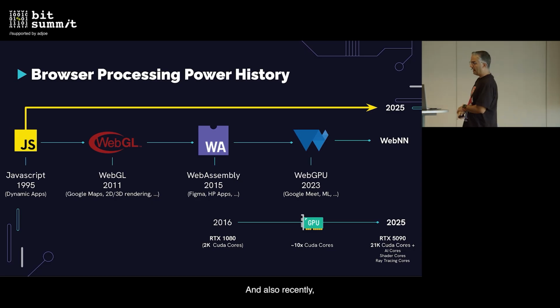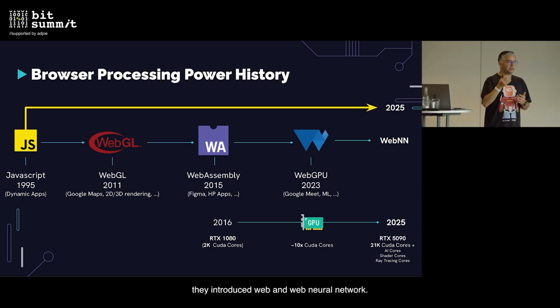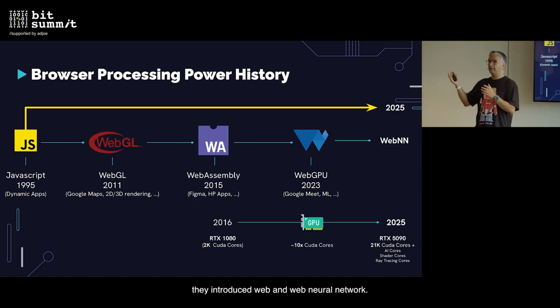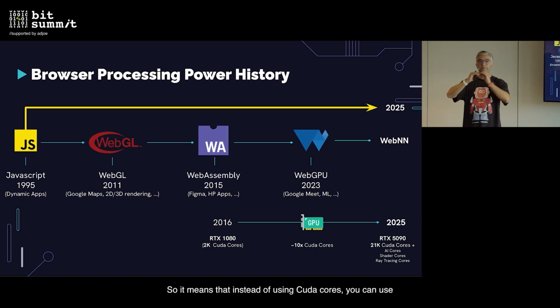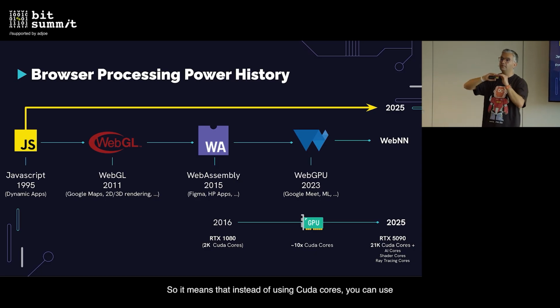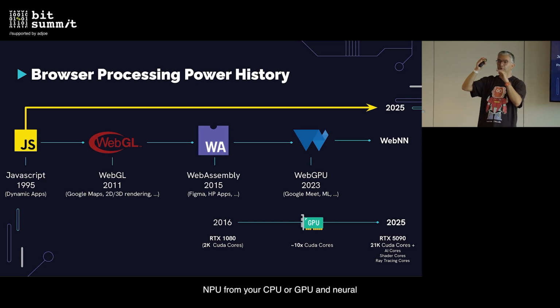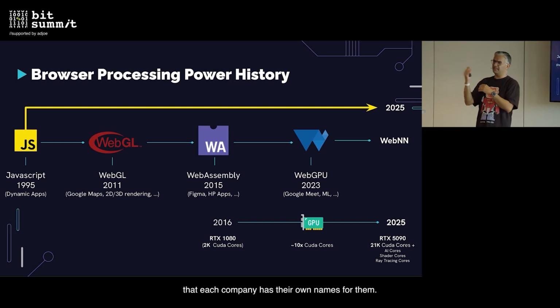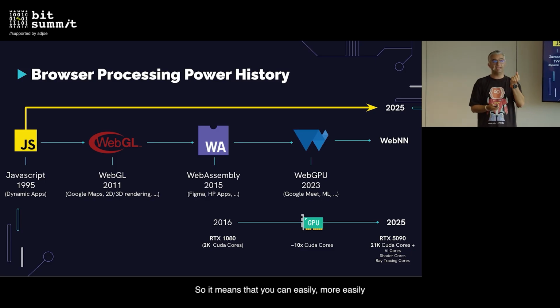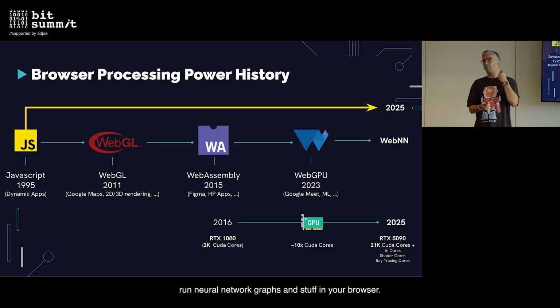And also recently, they introduced WebNN, Web Neural Network. It means that instead of using CUDA cores, you can use NPUs, neural processing units, from your CPU or GPU, which each company has their own names for. So you can more easily run neural network graphs in your browser.